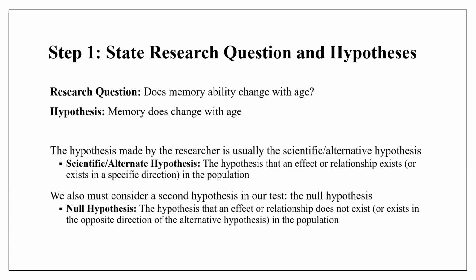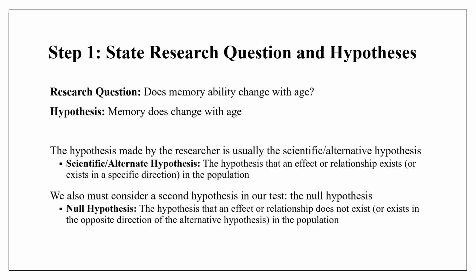So we're starting with the first step, stating our research question and hypotheses, and here we're going to be introducing some new terminology. Now, our research question here is, does memory ability change with age? And the hypothesis is that memory does change with age.